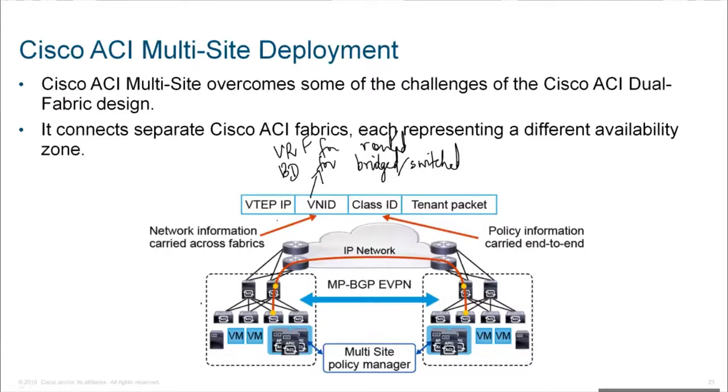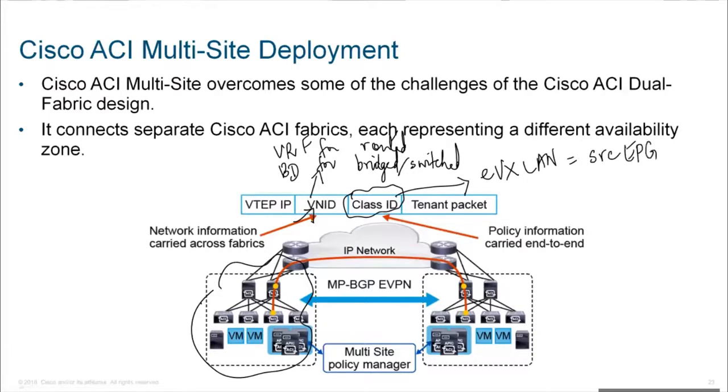But EPG ID is also used whenever it's a BPDU frame. So the VRF or the bridge domain would be included in the VXLAN header. And something else that it carries, it used to be a reserved field in normal VXLAN, but currently in eVXLAN, that is equal to the source EPG.